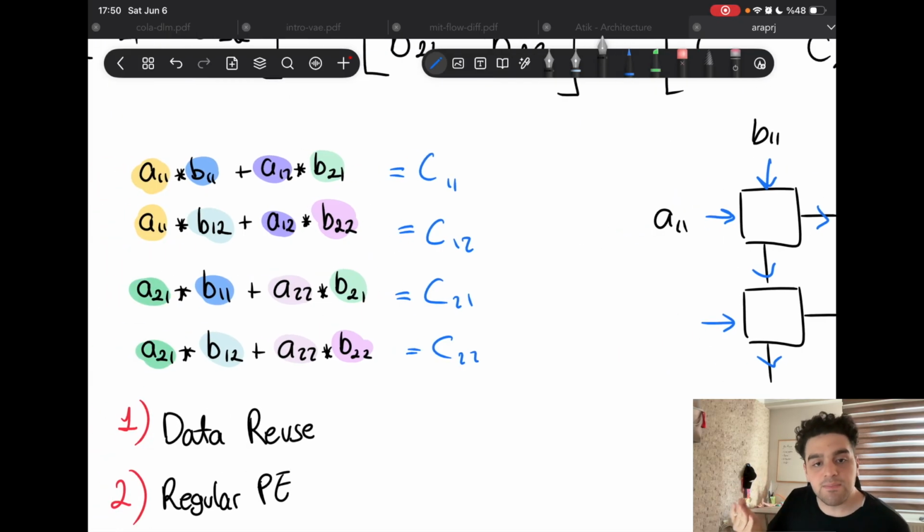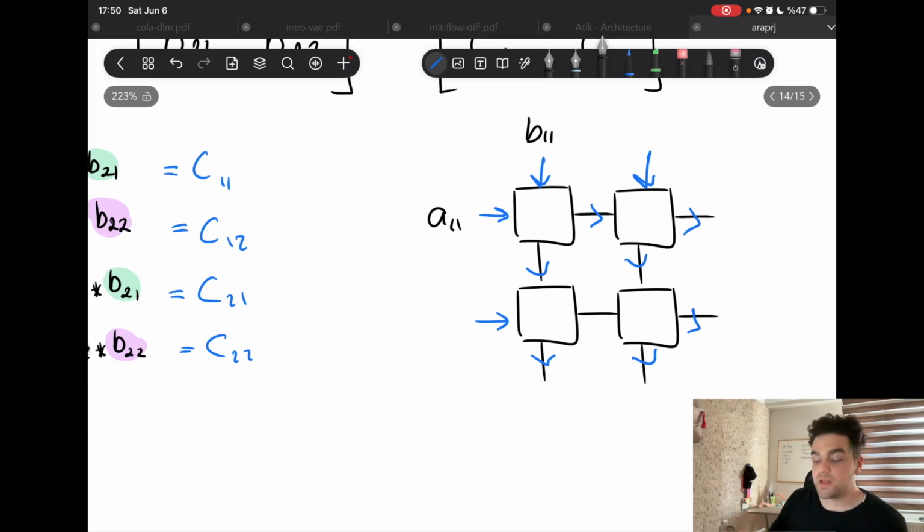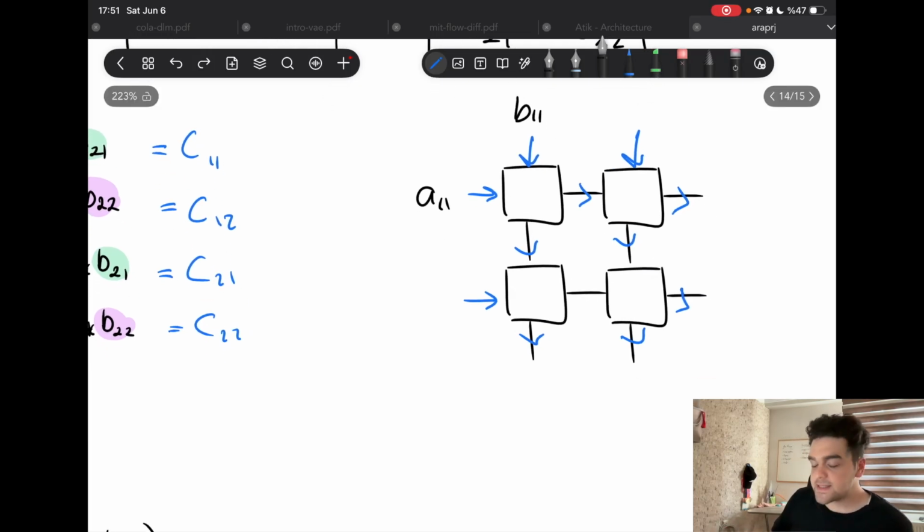And if there is a previous result, it will accumulate the results. Let's assume for a moment that there is no previous result and all of this is zero. So it is cleared. For the first cycle, we will compute A11 times B11 and store it right here. Furthermore, we will pass A11 to the right and B11 down.